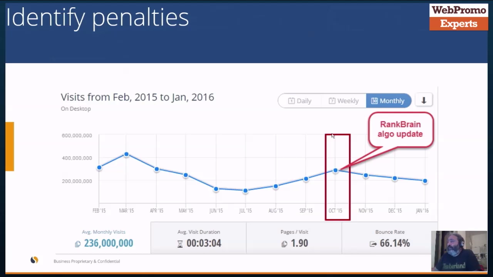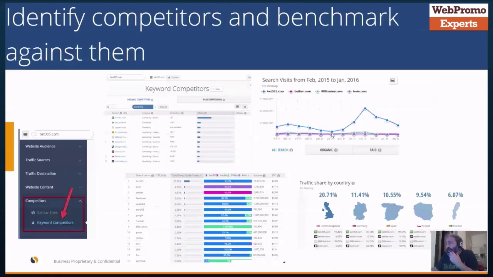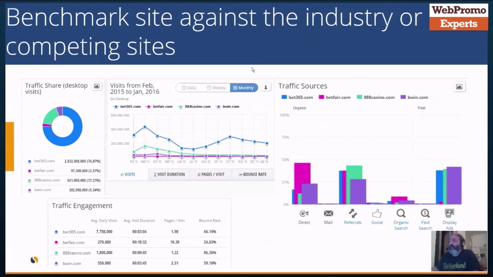And then when you're looking at your client, you should be looking at the competitors in the industry, and you can basically benchmark the performance of your potential client against the industry or against specific competitors in terms of traffic, keywords, referring keywords, countries, and so on.